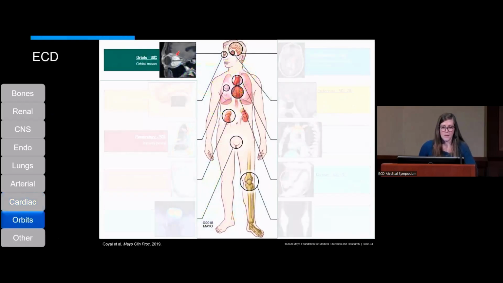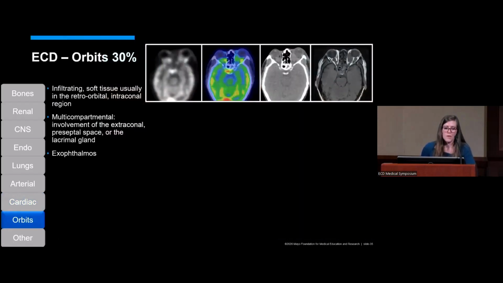And one of the last main organ systems I'm going to cover is the orbits. You can get infiltrating soft tissue. It's usually in the retroorbital region, but it can be multi-compartmental. And this can be challenging to evaluate on PET CT alone because you get physiologic FDG uptake in the extraocular muscles.